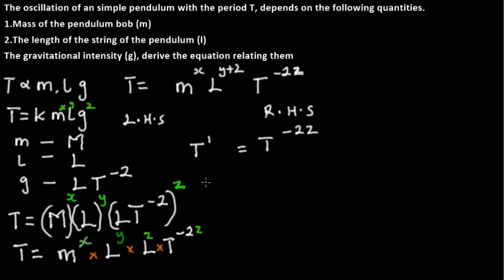For the left hand side, L is equal to 0, and on the right, L is equal to y plus z. Also, for the left hand side we have M equal to 0, and on the right, M is equal to x. We are done equating them.